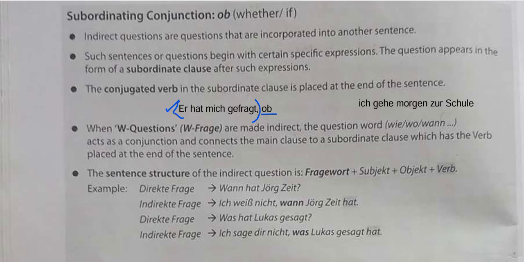If I take an example sentence here, Ich gehe morgen zur Schule. Let's say he is asking me if I will go to school tomorrow. How will I put this sentence after ob? I will not put it as it is. The verb at the second position will go at the last.